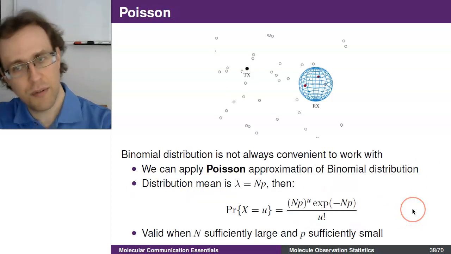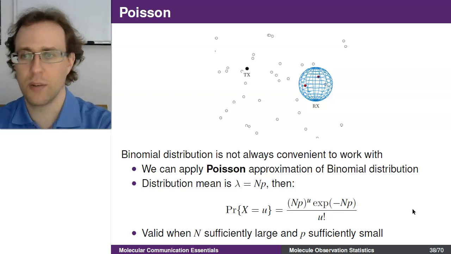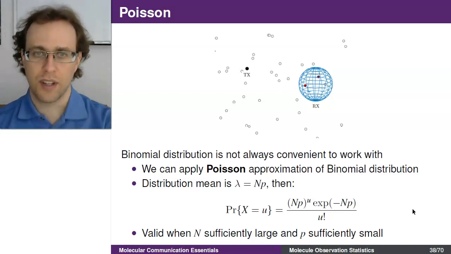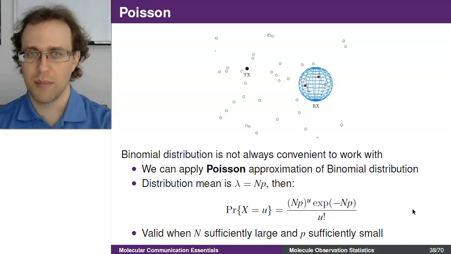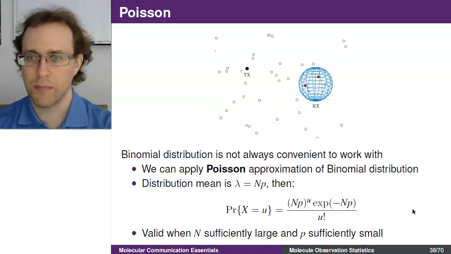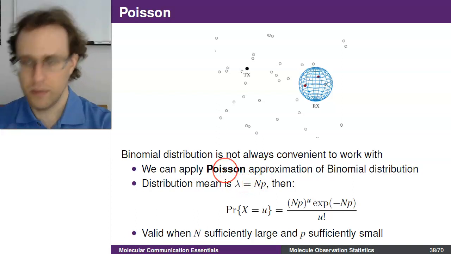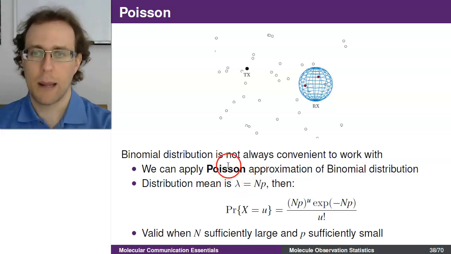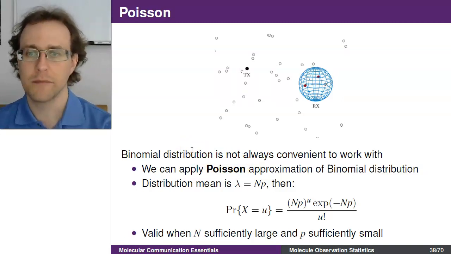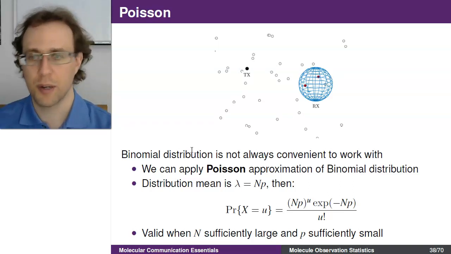Now, the binomial distribution is not always convenient to work with, so it's useful to consider approximations of the binomial. The first one I'll mention here is the Poisson approximation, which is defined by just a mean lambda. If we have n trials and each one has a probability of success p, then the expected number of successful trials will just be their product.